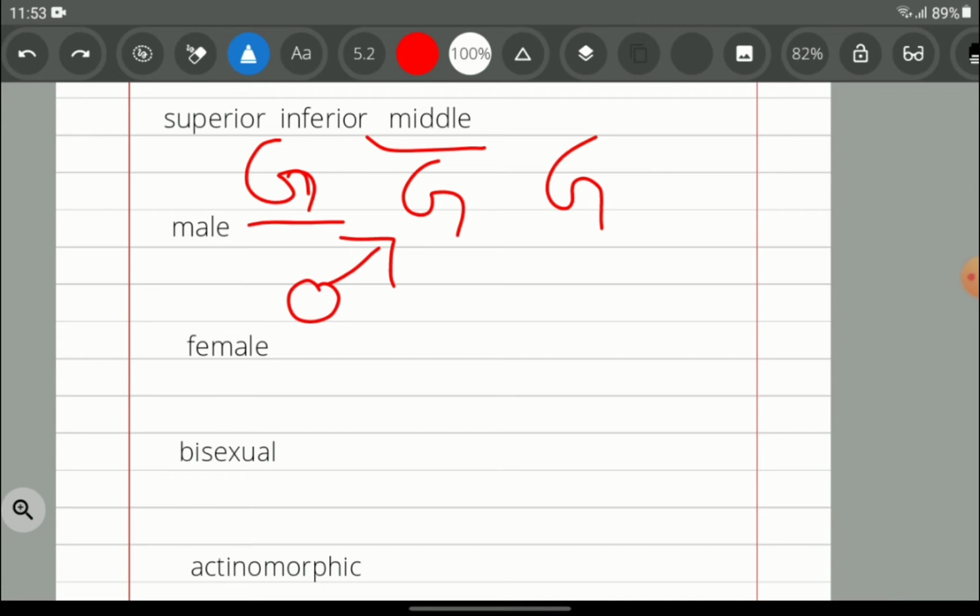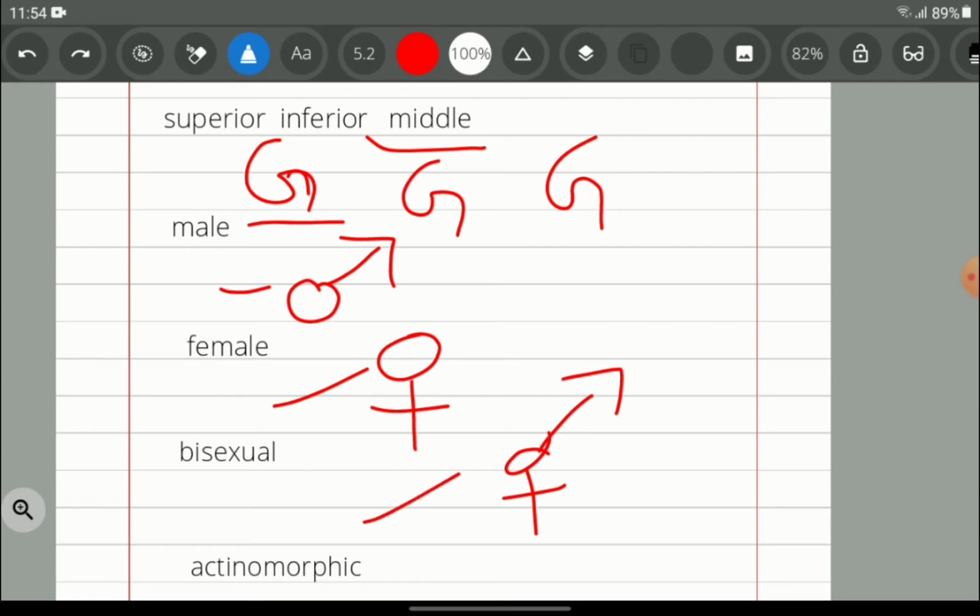And if it's a female flower, then you have to write this symbol. But if it is a bisexual flower, then you have to use this symbol. Okay, am I clear? If it's male, you need to use this symbol. If it's a female, then this. If it's bisexual, that means if it has both anthers and the ovary, you have to use the bisexual symbol.